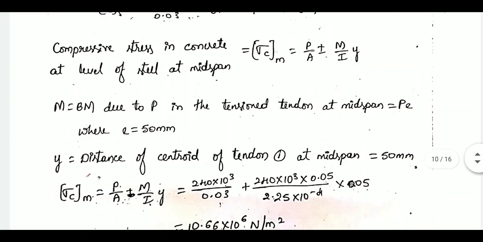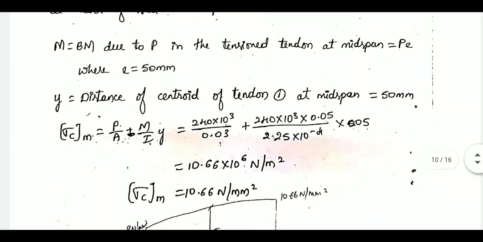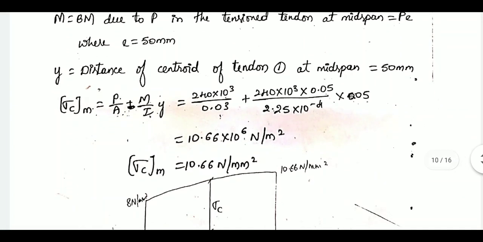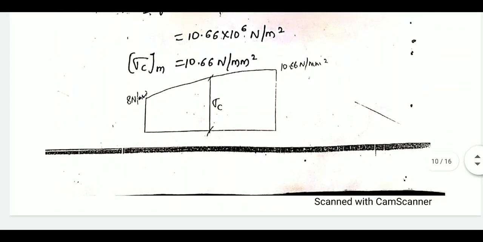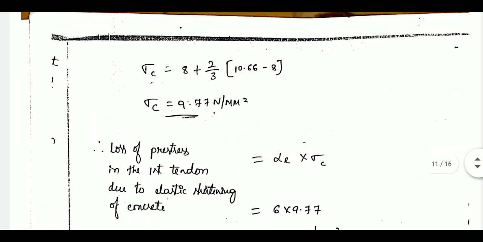So those values we have to consider here. So for that we have sigma c at mid span, and by using the formula we have to calculate average stress. This average stress is 9.77 Newton per mm square. Then we can calculate the loss of stress due to elastic shortening by using the formula alpha e into sigma c.